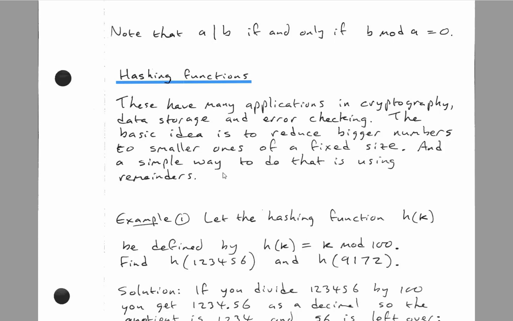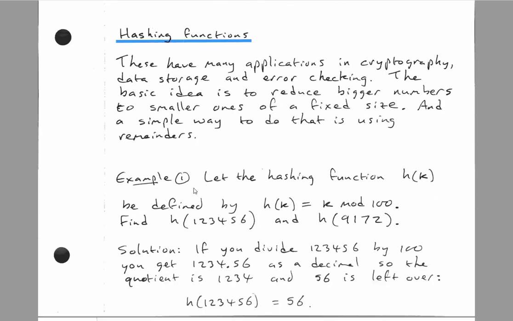And a simple way to go from a bigger number to a smaller one is using remainders. Example 1, let the hashing function h of k, so h is the name of the function, k is the input, be defined by h of k is equal to k mod 100.